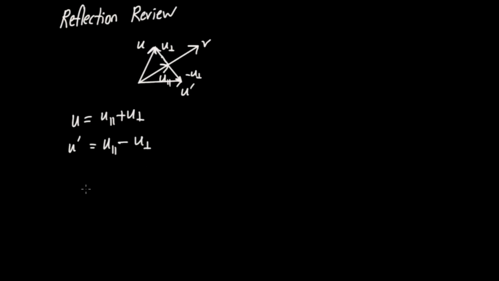And after a simple computation, what we actually found was that the way to relate u and v was that u prime is equal to v inverse times u times v. In summary, if you start with some vector u and you want to reflect it through the vector v, here's what you do. You multiply on the left by v inverse, and then you multiply on the right by v. So that's the geometric algebra formula for doing a reflection through a vector.